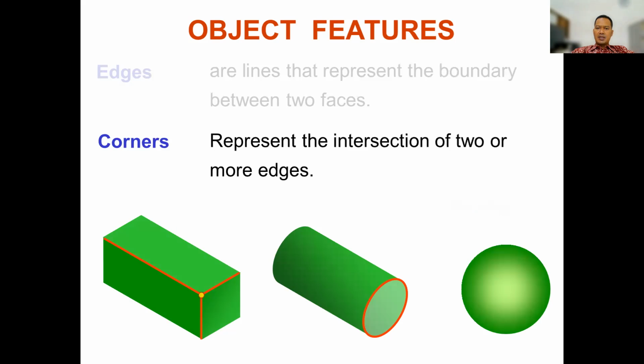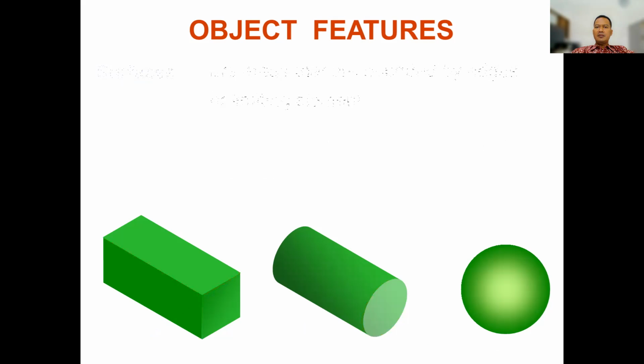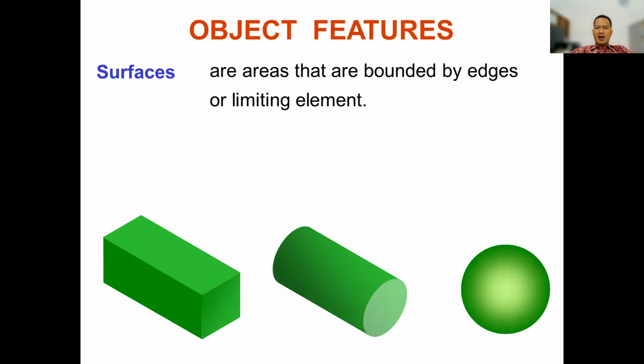Corner represents the intersection of two or more edges. We have three edges, so here we get one corner in here. For the cylindrical, no corner, and this one, no corner as well. Surfaces are areas that are bounded by edges or limiting elements.